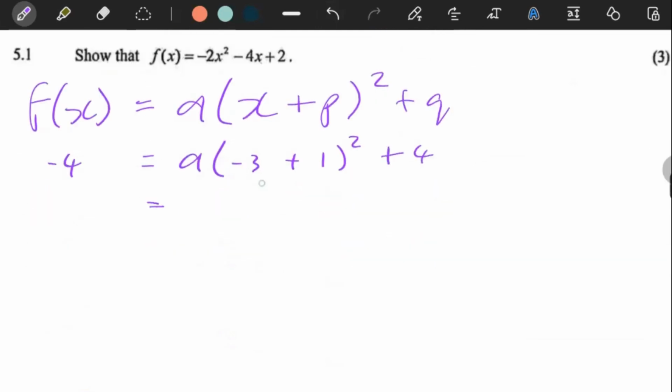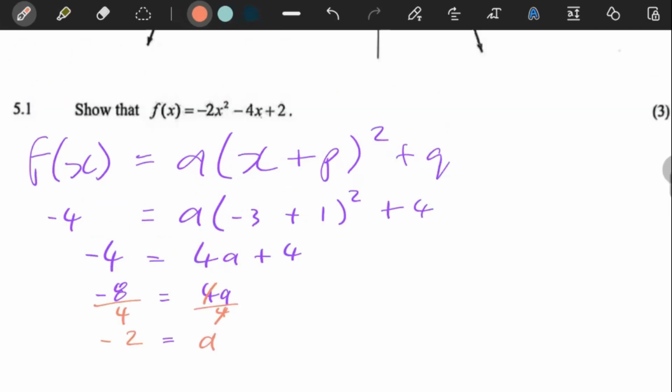Simplifying this, negative 3 plus 1, that's negative 2. Negative 2 squared, that's a 4. And then negative 4 minus 4, that's negative 8. Divide both sides by 4. That's going to give us negative 2. Which makes sense because you see this is a frowning graph.